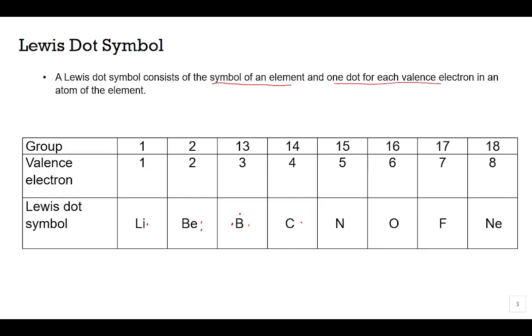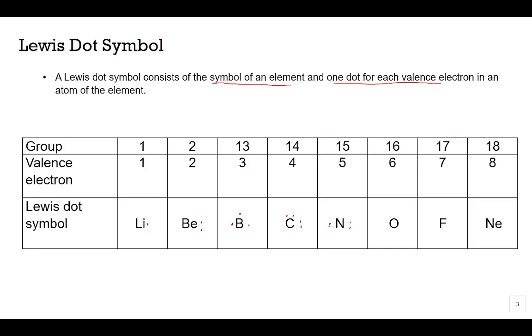And carbon there are 4, so you can choose to draw like this, 1 2 3 4, or you want to use lone pair like this. You can also put it like this, or like this, also okay. All are accepted. Nitrogen there are 5.